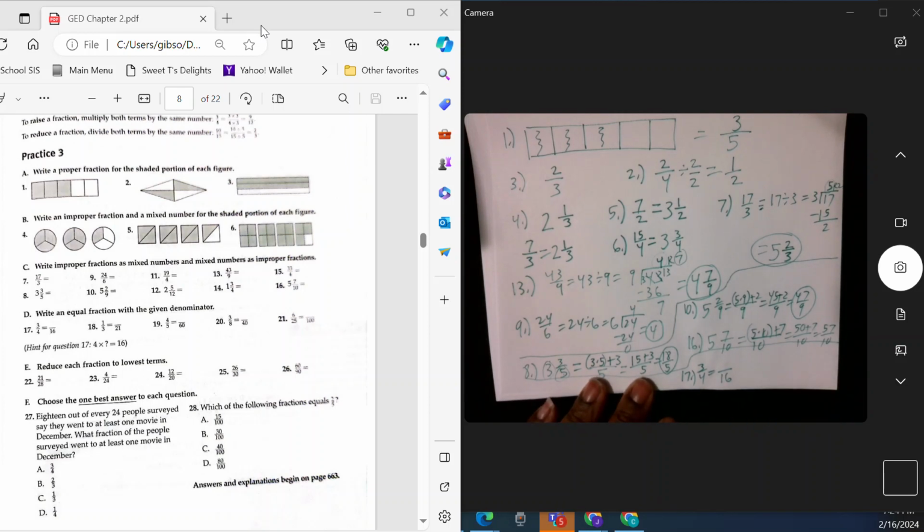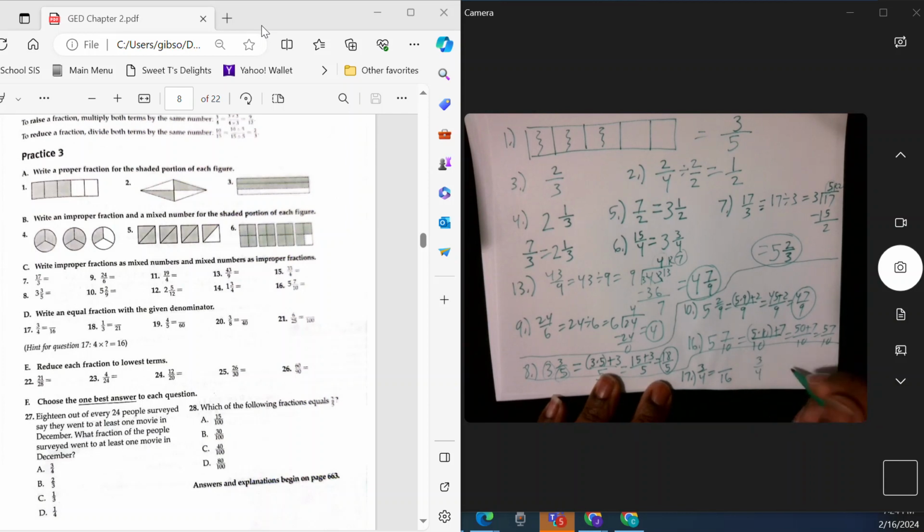something over 16. So now we ask ourselves, what number times 4 would give us 16? Because remember, we're going from this value to this value. So we have to ask ourselves, what number times 4 gives us 16? We know 4 times 4 is 16. So let me rewrite this because I didn't give myself enough room.